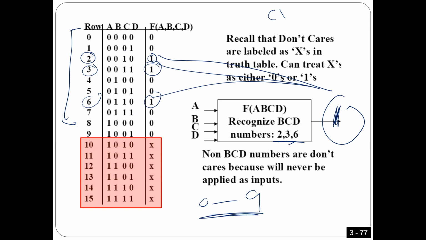Is that okay? What if you put another input? Because this is a BCD, the input has to be between 0 and 9, if you want to use it correctly. What if I put something else like 10 or 11 or 12? I don't care, because this input should not happen. That's why here I'm saying I don't care. This is a logic circuit, this is electronics.